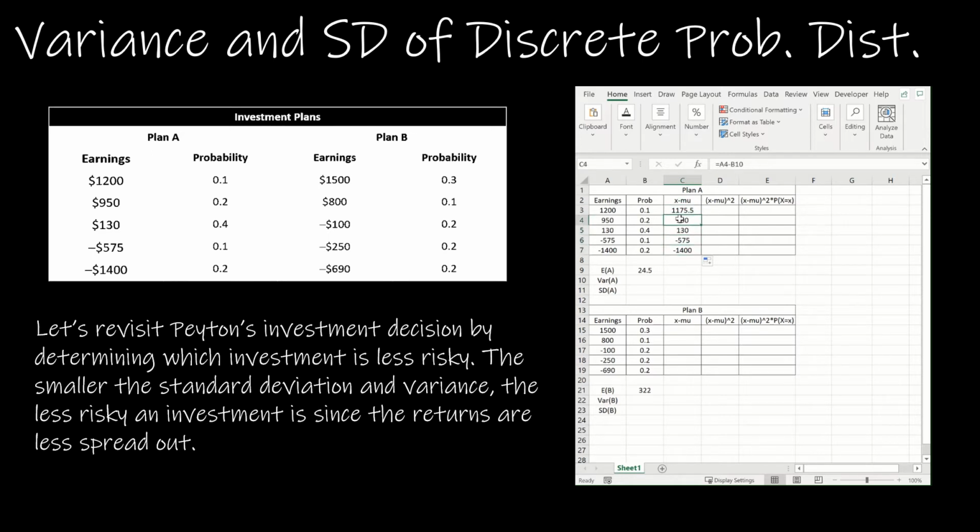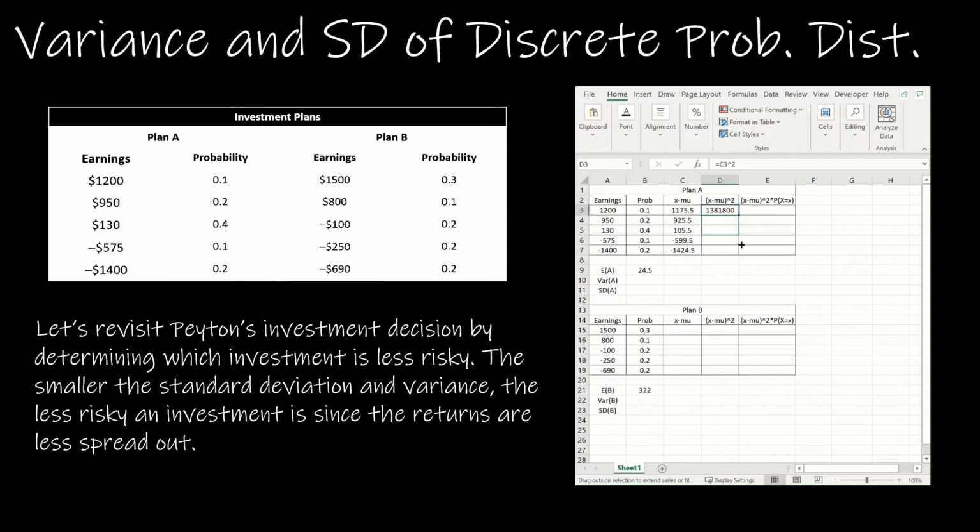But I don't want the B value to change. I want to continue using the mean. I could just keep typing it over and over, or I can use a $ sign on the B. Why would that help? Because now if I copy it down, it's going to keep the B and the 9. So yay.